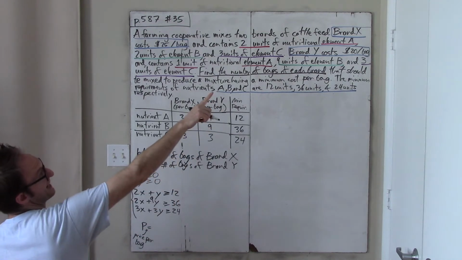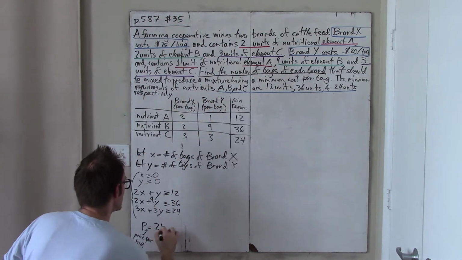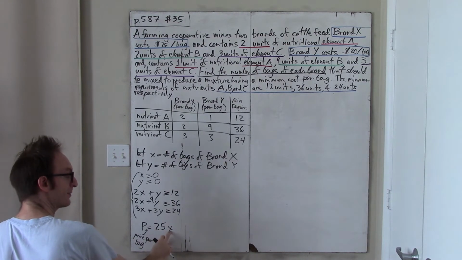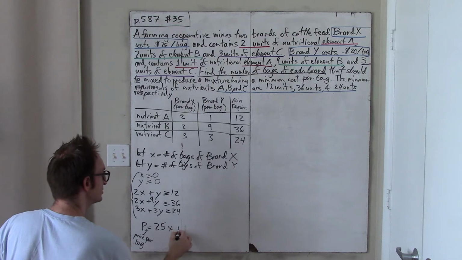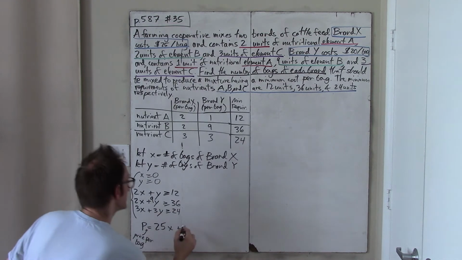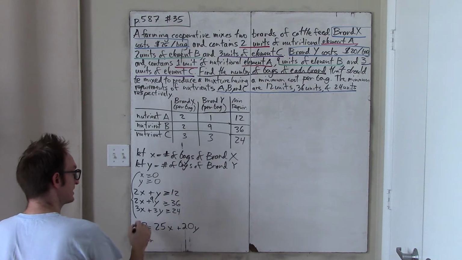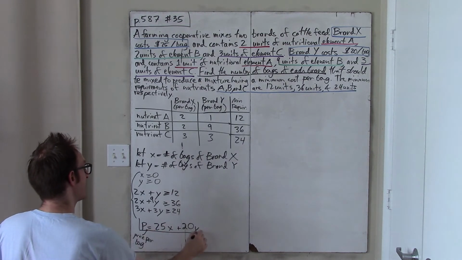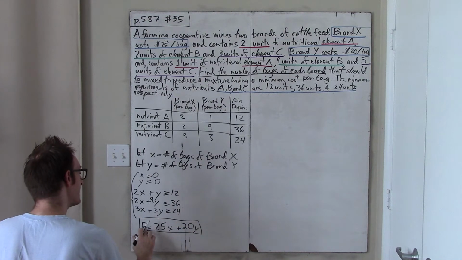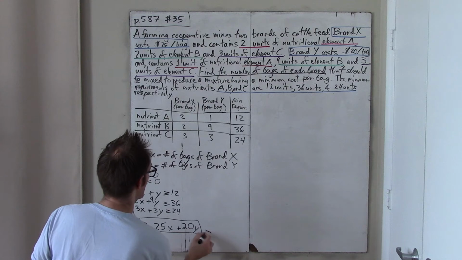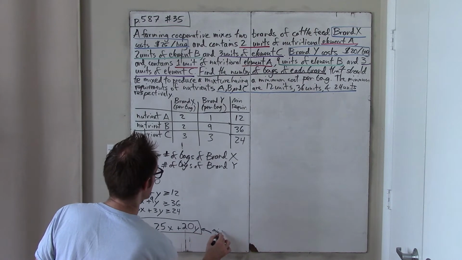Since brand X costs $25 per bag, I'm going to have to pay $25 times however many bags of brand X I choose, and $20 times Y, because each bag of brand Y costs $20. So this is going to be the total price that I pay to make one of my homemade bags, and my goal is to minimize this.